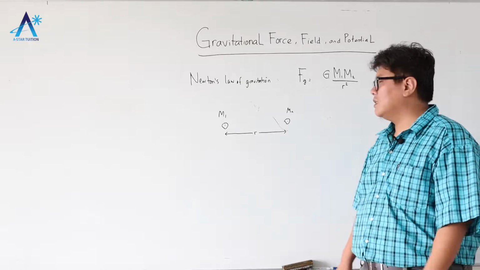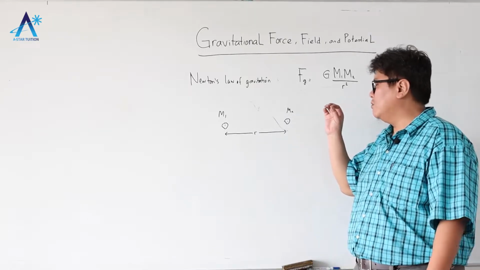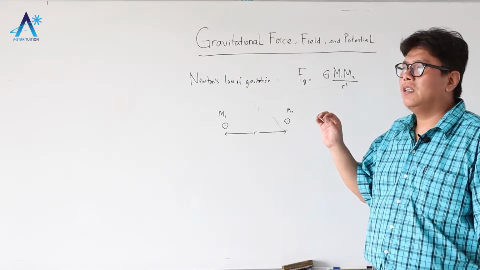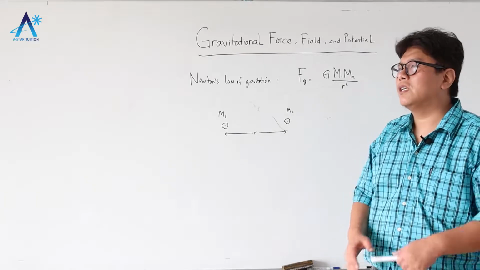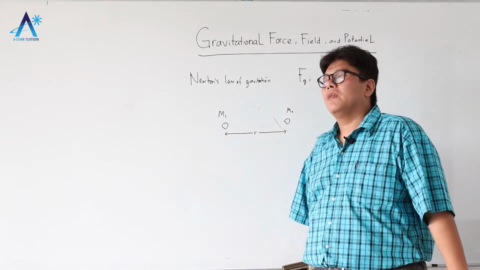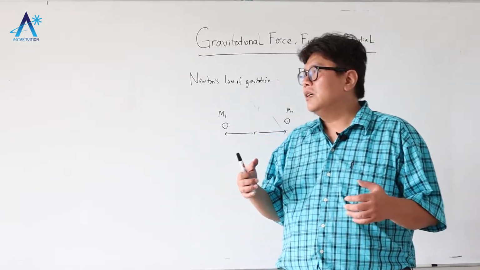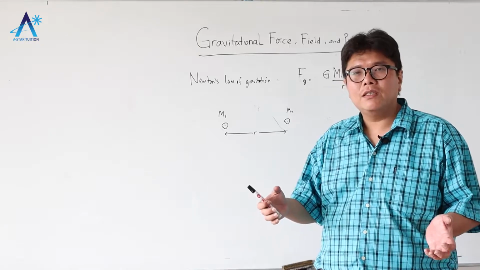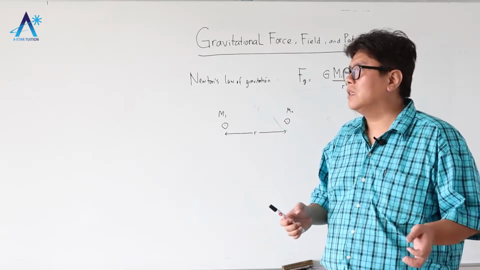A point particle is a particle whose size is negligible. Obviously, in real life there is no such thing as a point particle. However, in some situations, even a very large object can be considered a point particle.